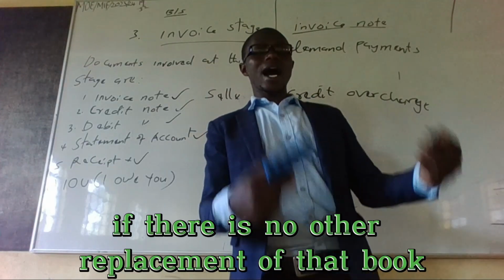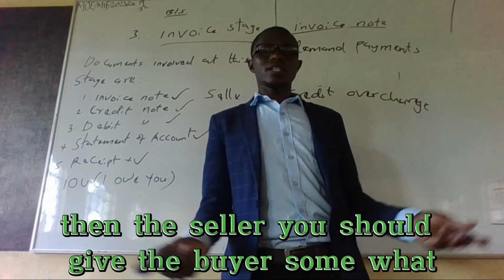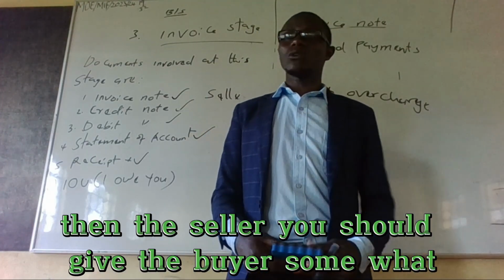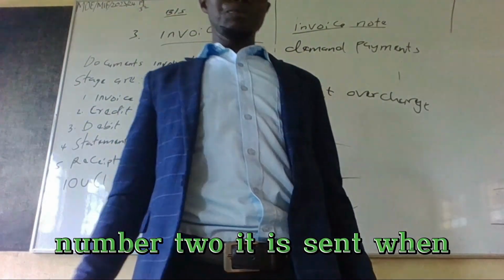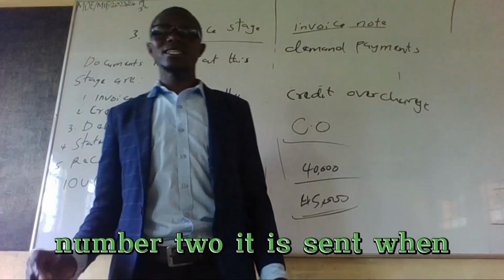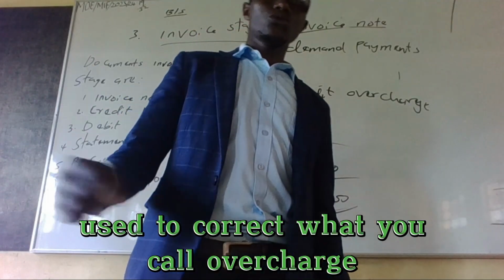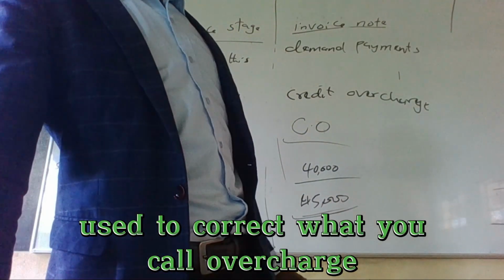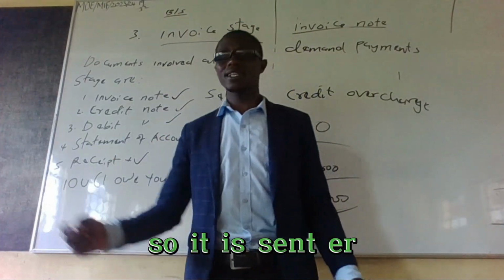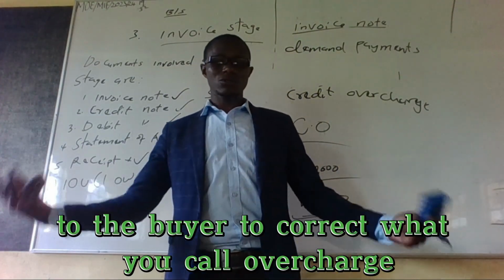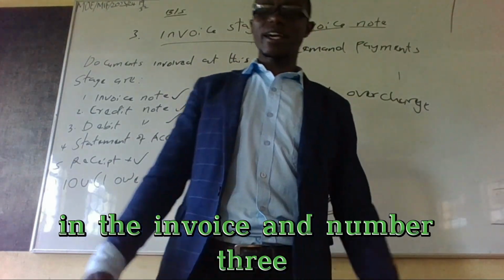If there is no replacement of that book, then the seller should give the buyer the amount of money back, or reduce the amount owed. Number two, it is sent to correct an overcharge due to arithmetic error. So the buyer was overcharged, and it is sent to the buyer to correct the overcharge in the invoice.